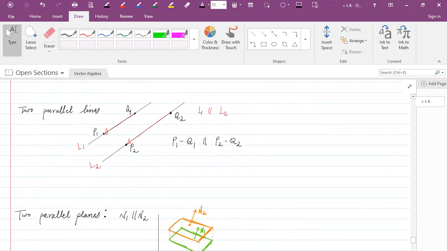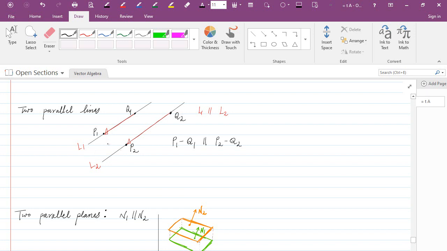In dimension 3 and beyond, or even in dimension 2, we define parallel lines in the following way. If I have two lines, L1 and L2, then we can pick points P1, Q1 on L1, and points P2, Q2 on L2.